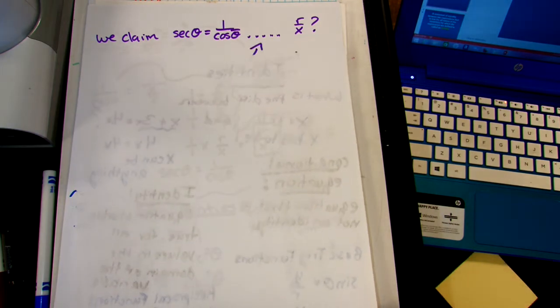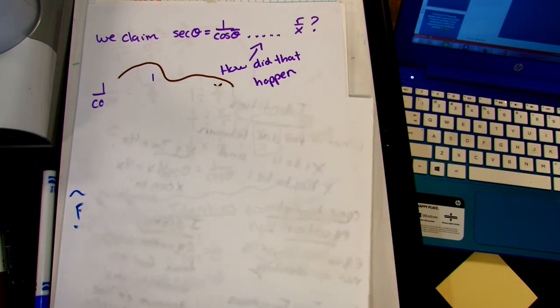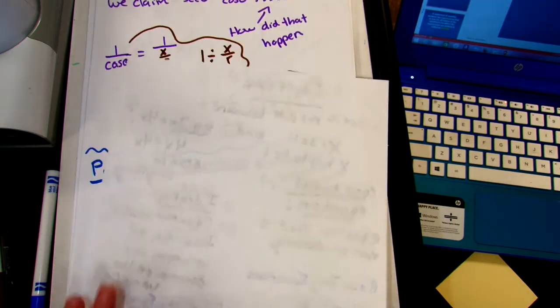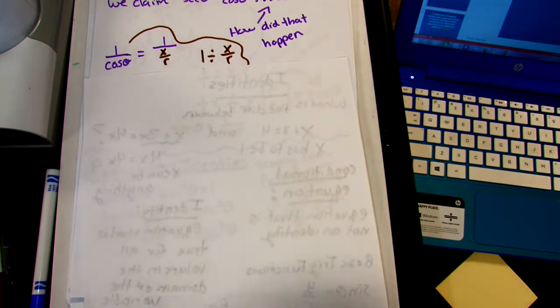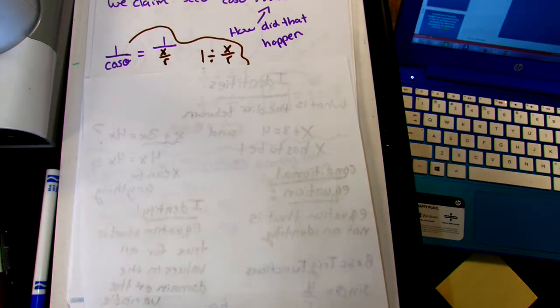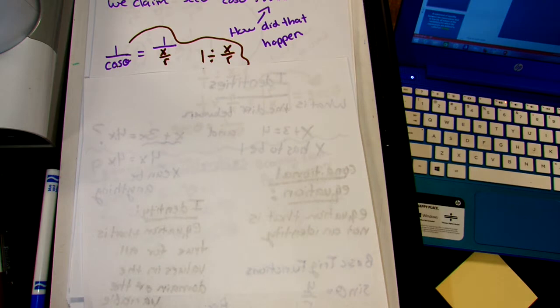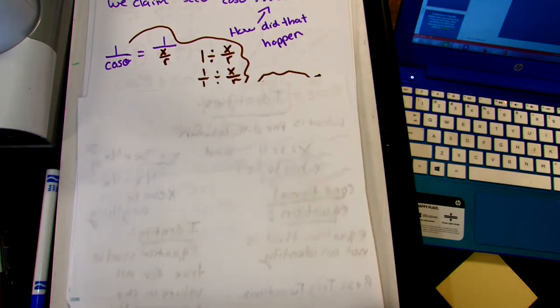Well, let's look at it. How did that happen? First, I'm going to say, well, 1 over cosine, I'm going to substitute the definition of cosine, which is x over r. So I get 1 over x over r, which is division, right? That's 1 divided by x over r.